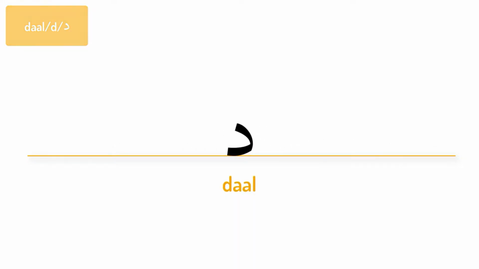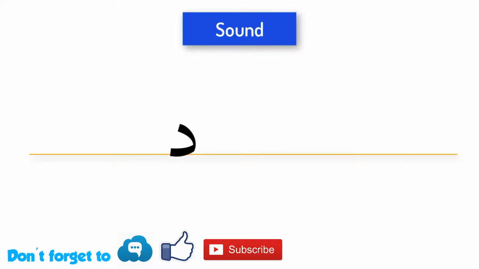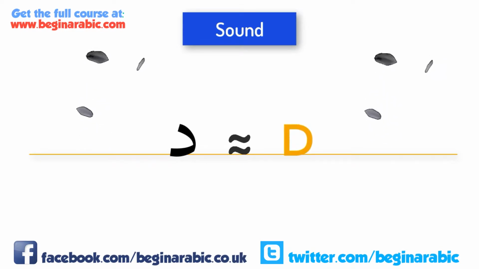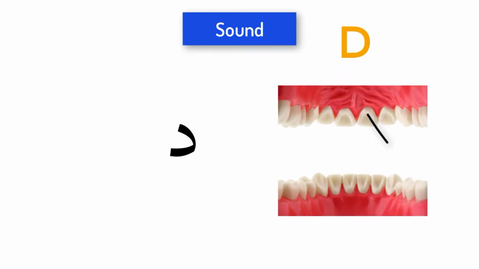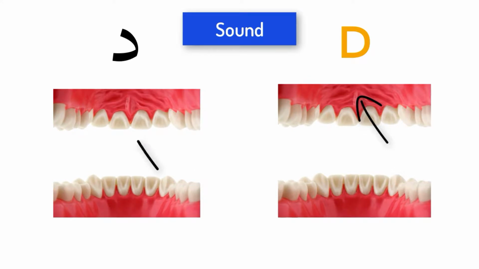The first letter that we have is called Dal. The Dal looks like the letter C, but in reverse. The sound that it produces is a softer and lighter version of the English letter D. Whereas the letter D requires you to place your tongue above the inside of the upper front teeth and caress the inner gums, the Dal requires you to place the tip of your tongue directly on the back side of the upper front teeth.